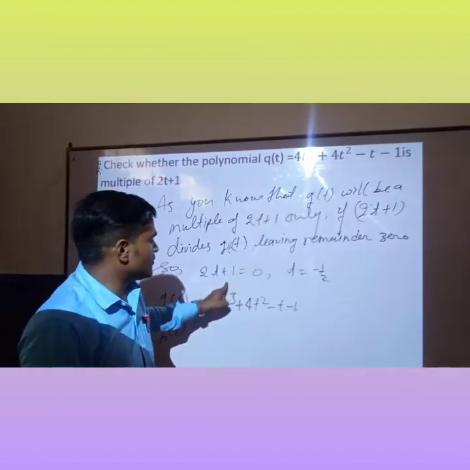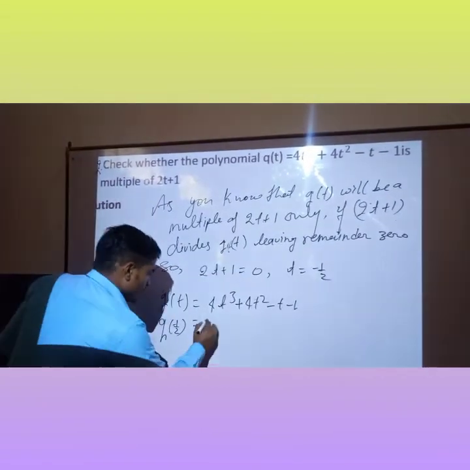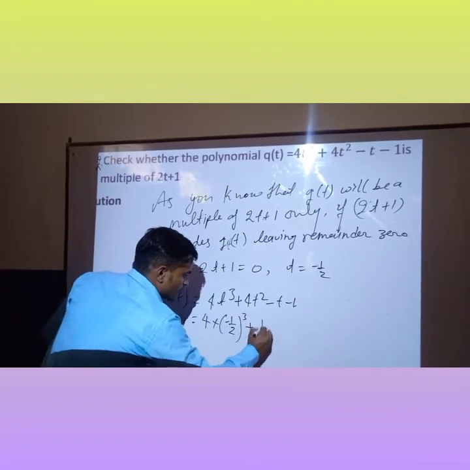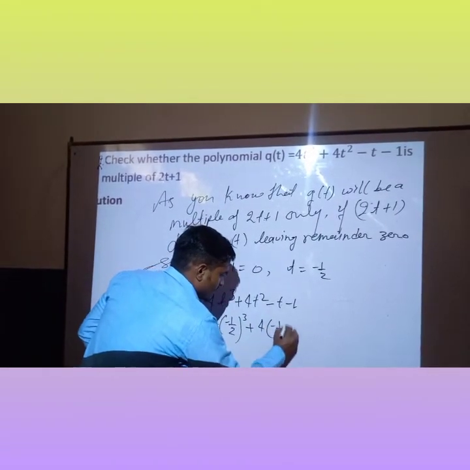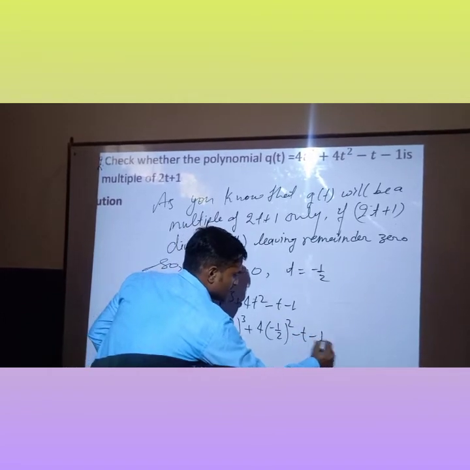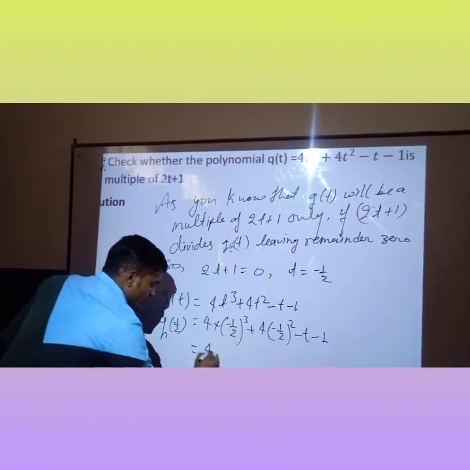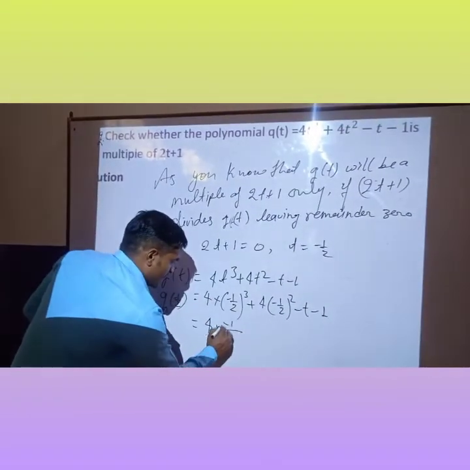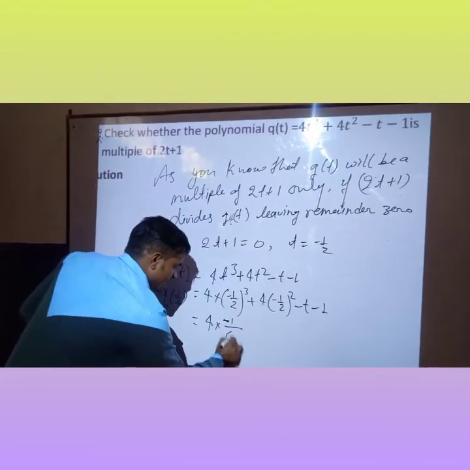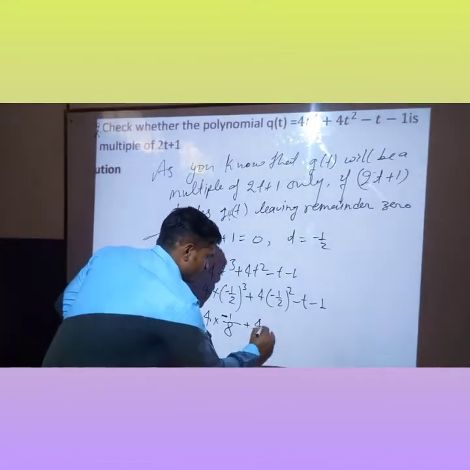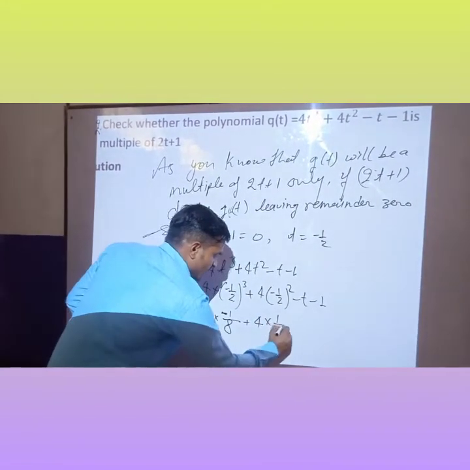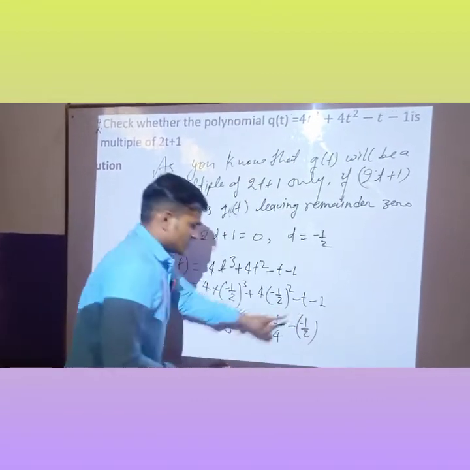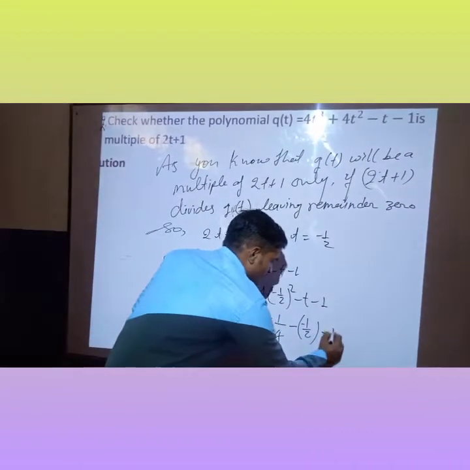So replace t by minus 1 upon 2. We get 4 into (minus 1 upon 2) cube plus 4 into (minus 1 upon 2) square minus t minus 1.